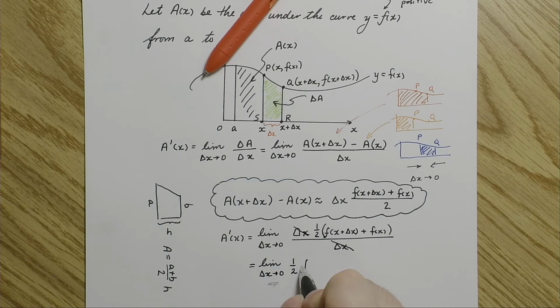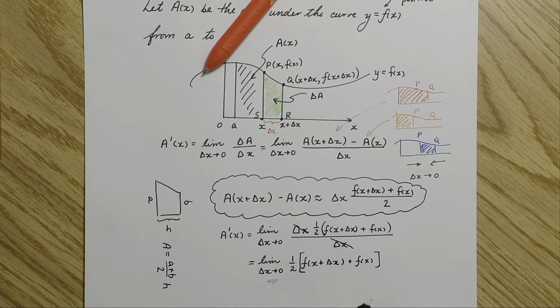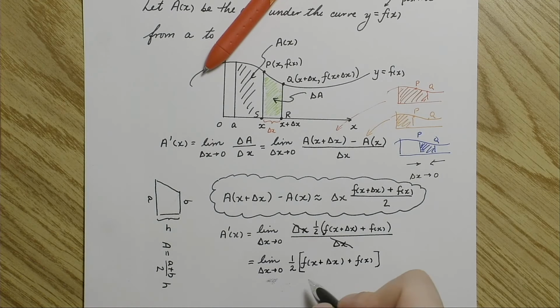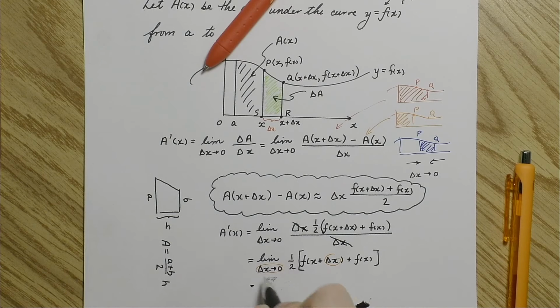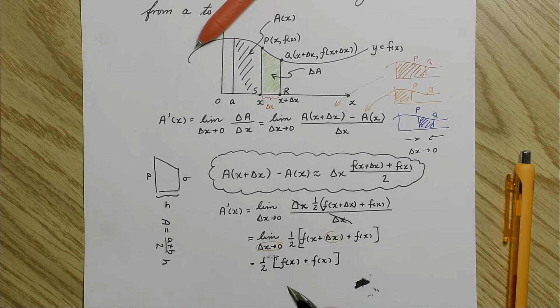So I'm left with, as I'm simplifying this limit, 1/2 f at x plus, there we go, now I can actually take this limit. This limit here actually goes to 0. So then I'm left with, remember I don't have to write the limit now that I've taken it, 1/2 of f at x plus f at x.